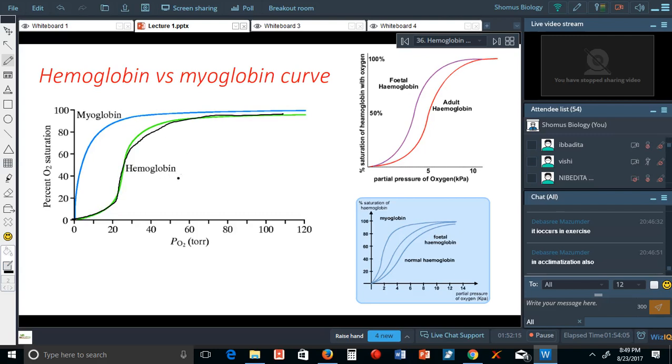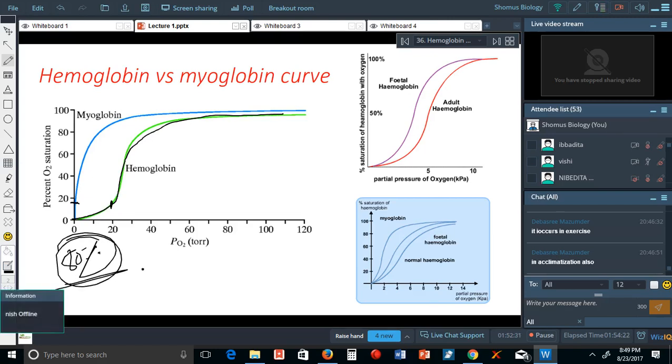It looks like an S-shaped curve. While the partial pressure of oxygen is 20 torr, over 80% of oxygen is dissociated, because you're burning it, you're taking a lot of oxygen at the very beginning.